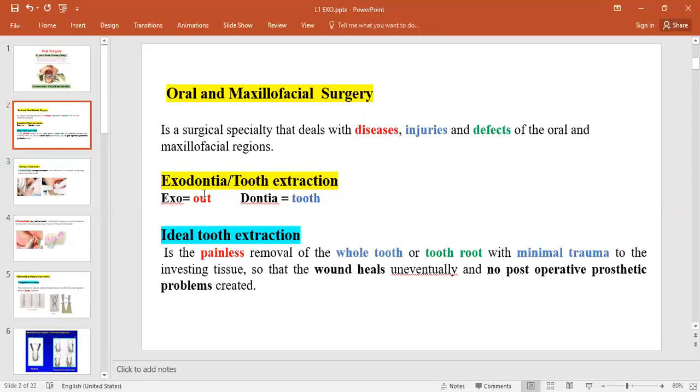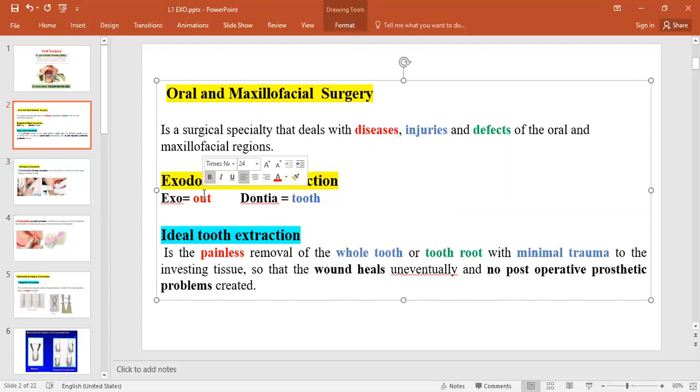You know, we need to make dentures, and we need an ideal ridge. If you cause trauma and any bone is broken, there will be a defect in the denture bearing area, which affects future denture construction.